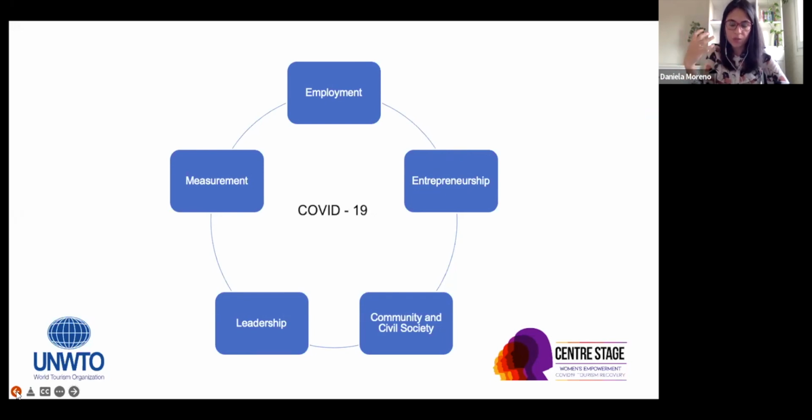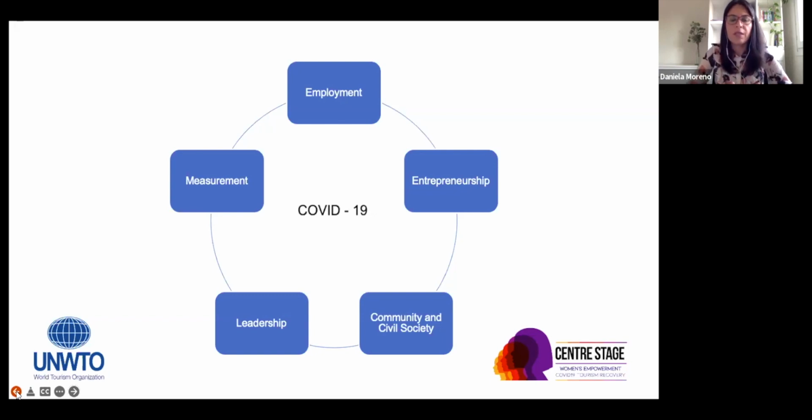So for that reason, tourism creates many opportunities, not only within the sector, but also in other sectors that are linked to tourism. And this is quite important, for example, to understand the tourist value chain, to really see where women are working as entrepreneurs, right?